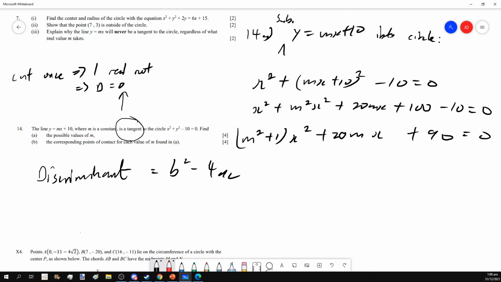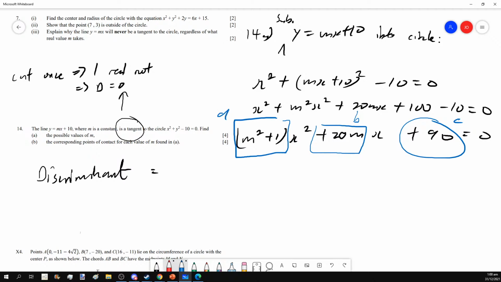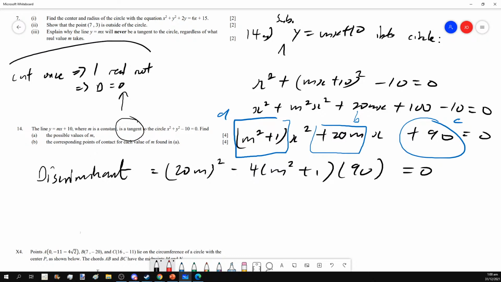When you do b squared minus 4ac, remember to account for the entire coefficient. In other words, b is this whole thing, c is this whole thing, and a is this whole thing, right? So from here we will have b squared minus 4ac, and we say that this is equal to 0 because of this logic from earlier.